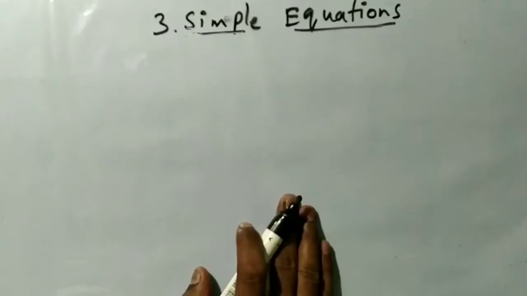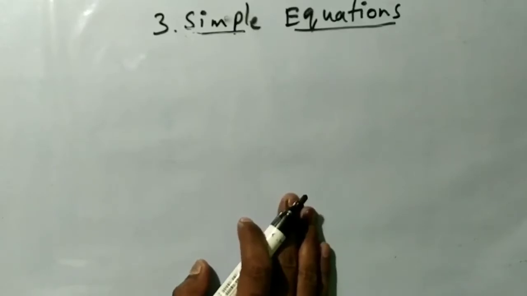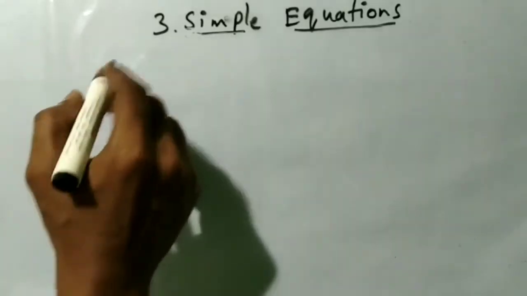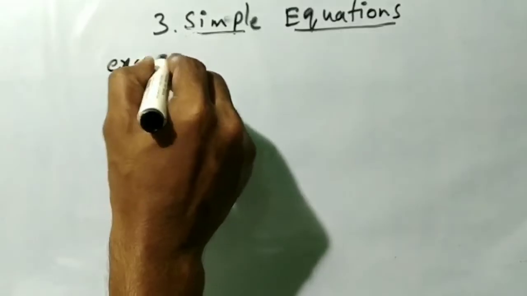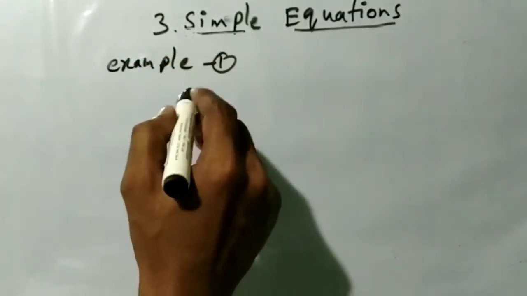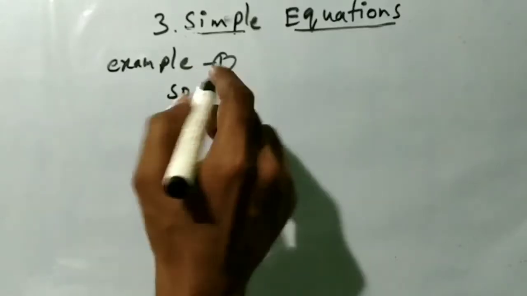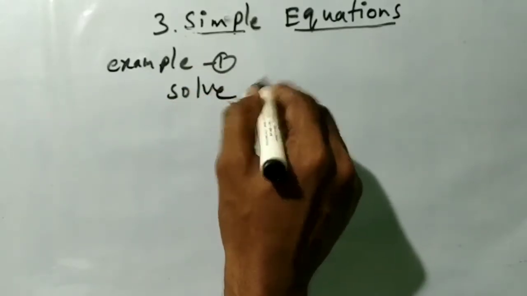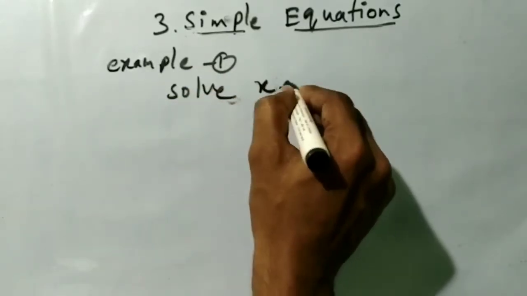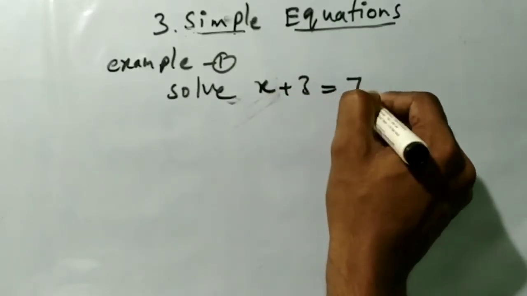Let's go through some examples so that you can understand more deeply. Example 1: solve x plus 3 equal to 7.